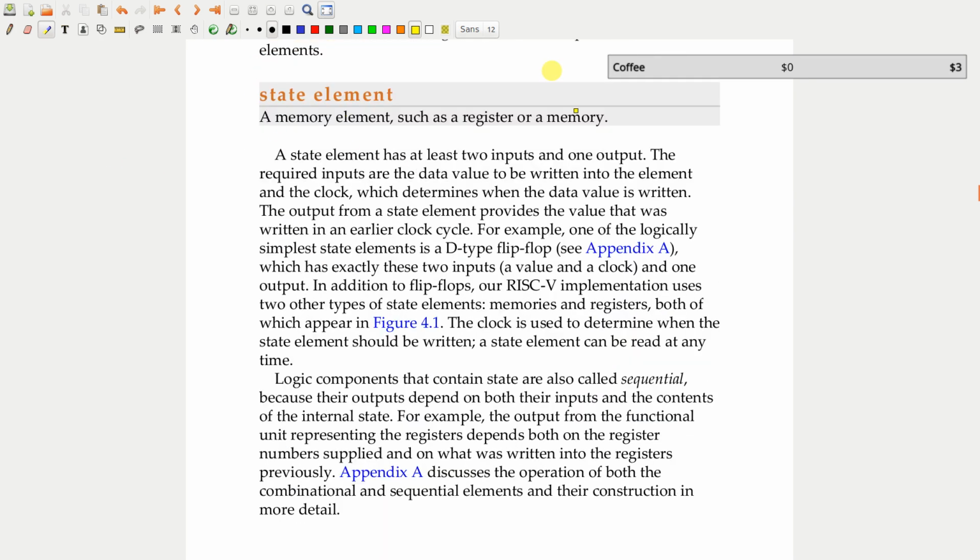And so two typical state elements are things like registers and memory. Okay, a state element has at least two inputs and one output. The required inputs are the data value to be written into the element and the clock.